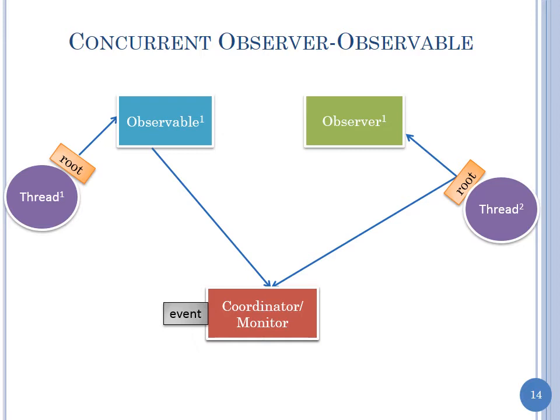So that is now a consumer thread. So now the observable is a producer object and the observer is a consumer object in the observer pattern. And we also now have producer and consumer threads. So we've combined these two concepts together, not in some artificial way, but in a real way to solve a real problem.